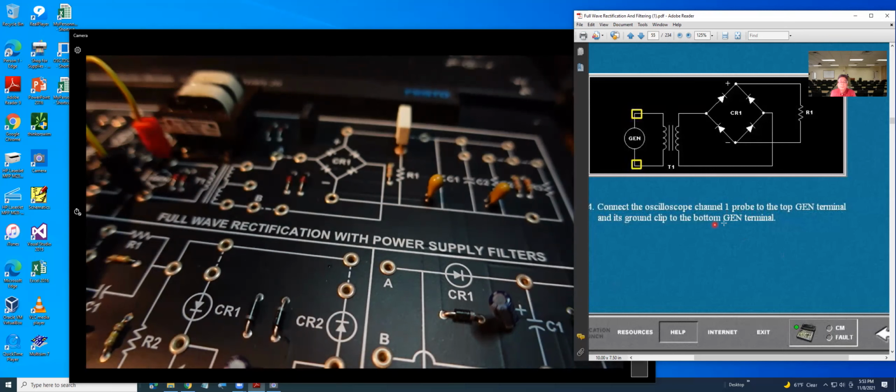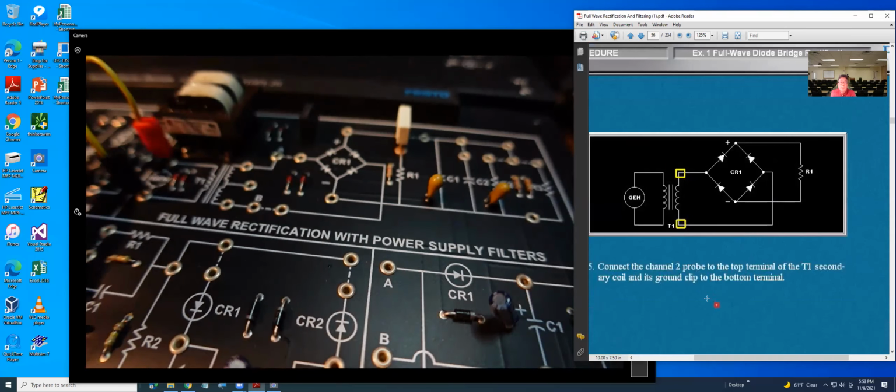Then I connect channel 2 to the top terminal of the T1 secondary. So it will be connected right here.